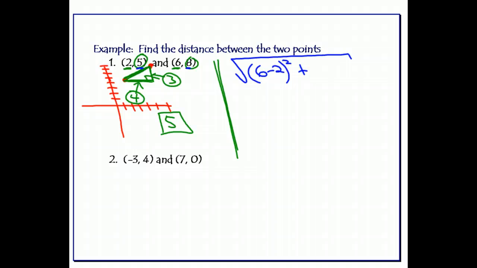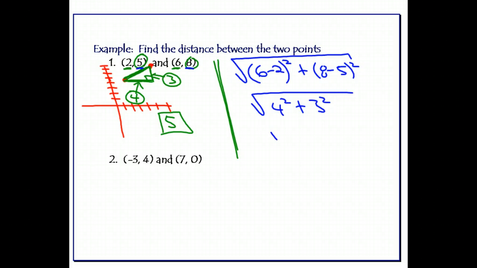There's y1, there's y2. So it's 8 minus 5 squared. And I complete the arithmetic here. 6 minus 2 is 4 squared. 8 minus 5 is 3 squared. Oh, look, I see that 3, 4, 5, but let's just work it out. There's a 16. There's a 9. 16 and 9 is 25.